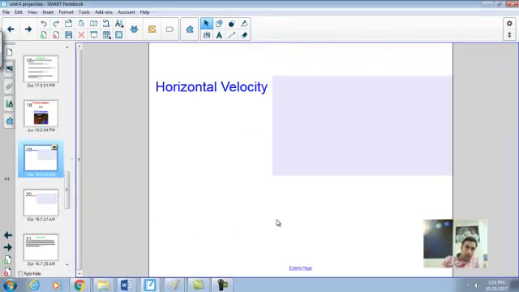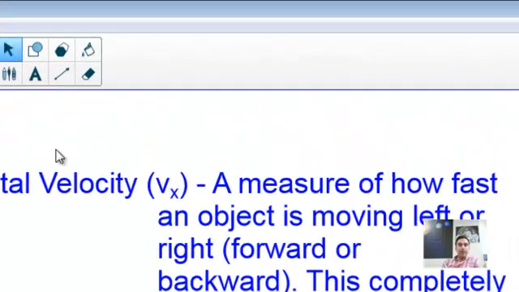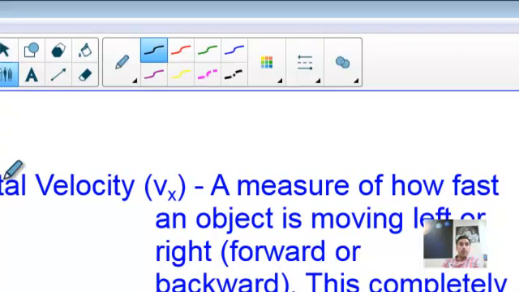Alright, the first thing we need to talk about is something called horizontal velocity. Now, we talked about this previously in other physics lessons, especially when we were dealing with linear motion in one dimension. But horizontal velocity involves how fast an object is moving, either forward or backwards.